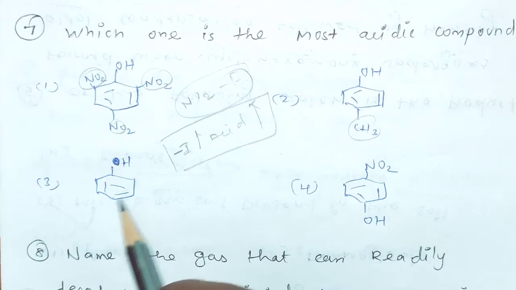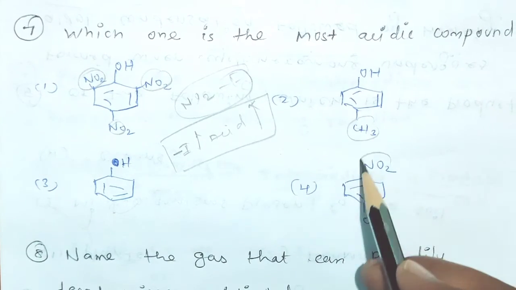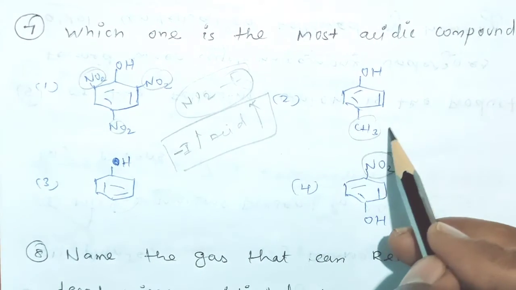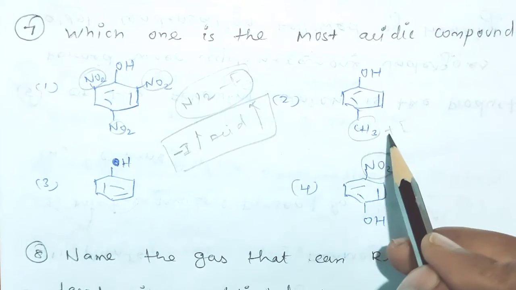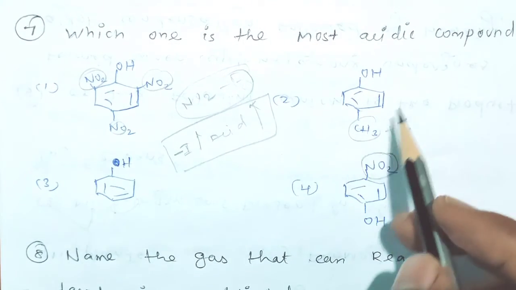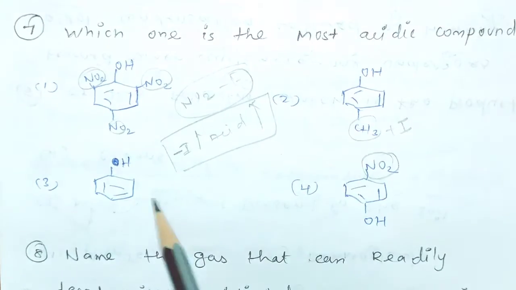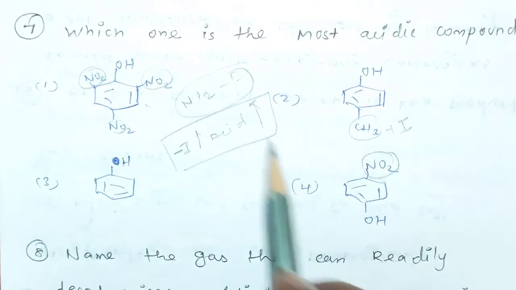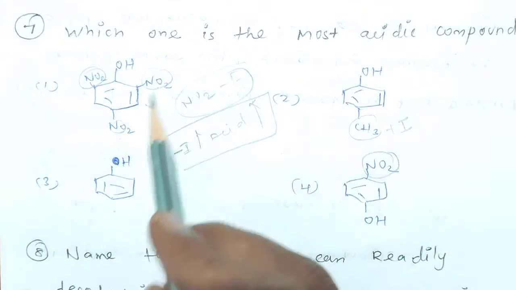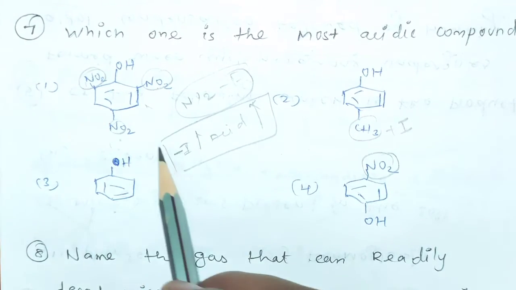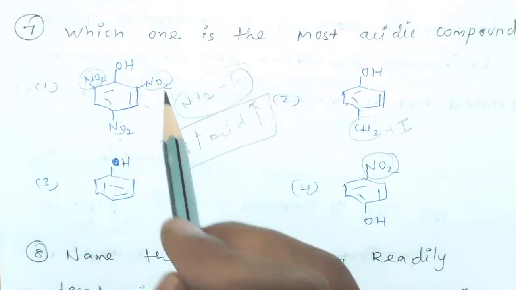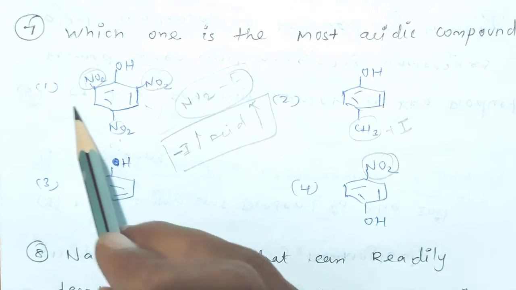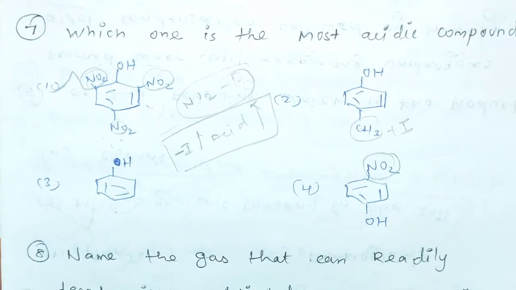If there is no minus I group, here only 1 minus I group is present, here a plus I group is present, methyl comes under plus I group, so this does not count. Compared to these two, here 3 NO2 groups are present, so whenever minus I groups increase, the corresponding acidic strength also increases, so the first one is the right option.